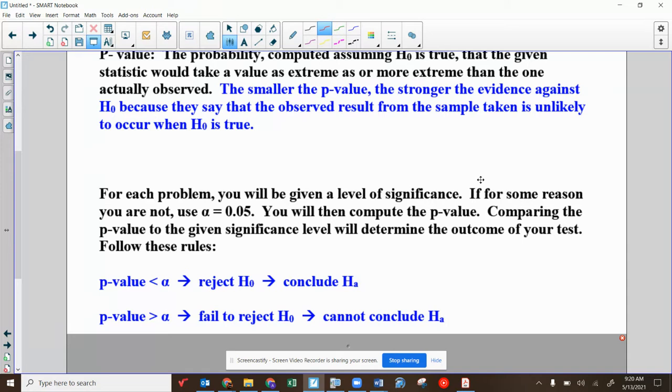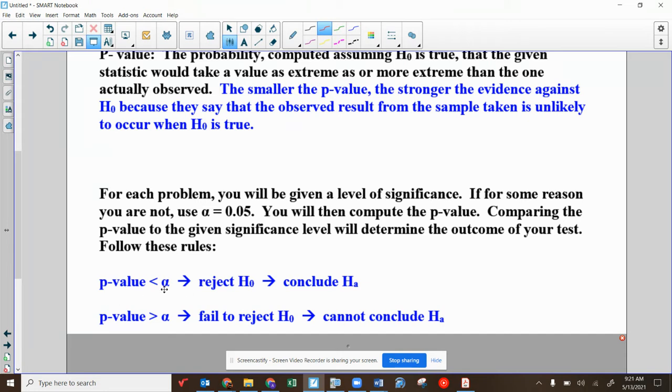This is kind of like an error, and typically the error is going to be about 5%. We're looking for values that are less than that in order to conclude that the alternative hypothesis is true. So we take this p-value and compare it to some given alpha value, which is, again, our level of significance or our error.